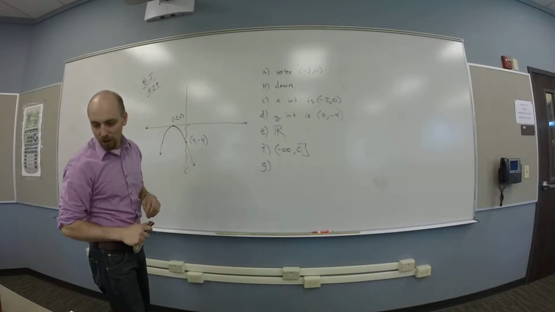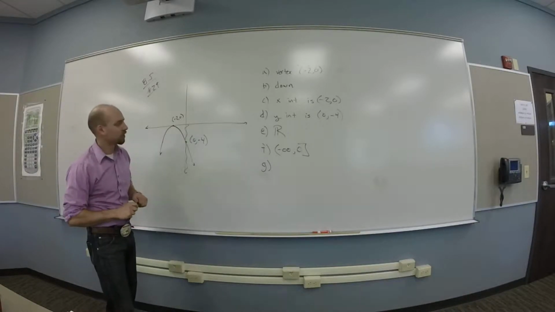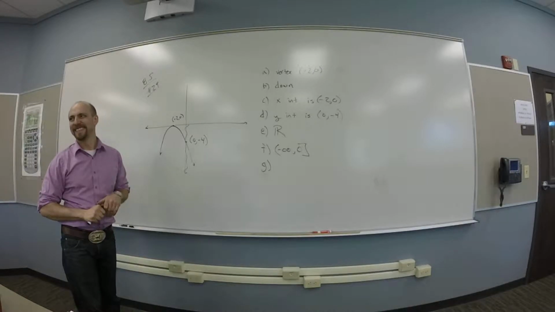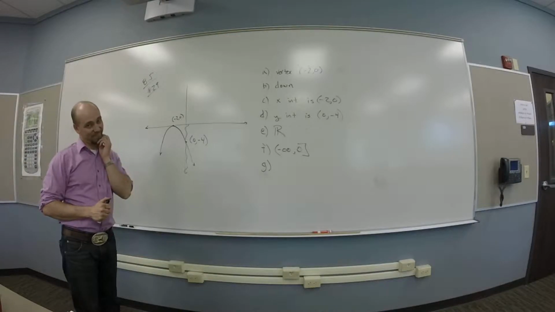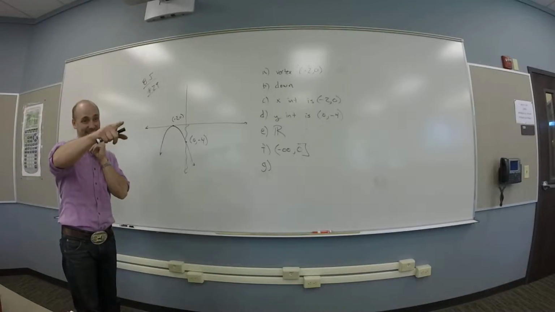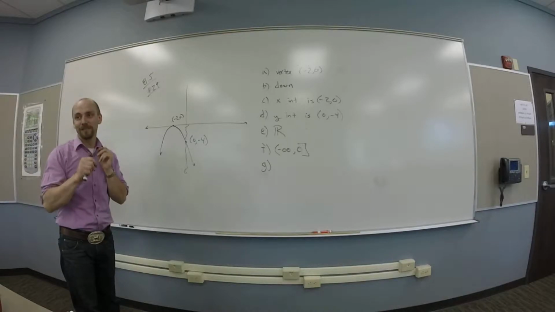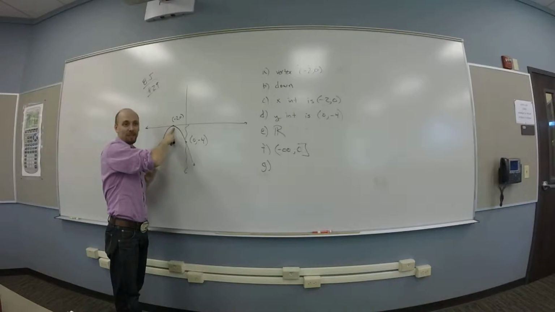All right, so G is the x values for which the function is positive. If 0 is considered positive, then there's one input that gives you a positive output, right?